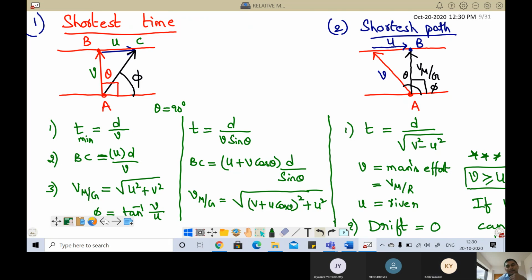So compared to those subjects, this is much easier. Only simple three things are there: velocity of river, velocity of man with respect to river, velocity of man with respect to ground. And you just have to learn the way I am teaching. If I say this is x, you learn it as x. If I say this is y, you learn it as y. That's all. For that you need attention.